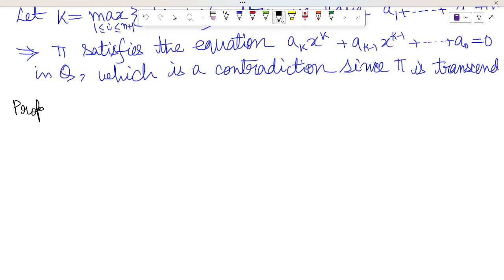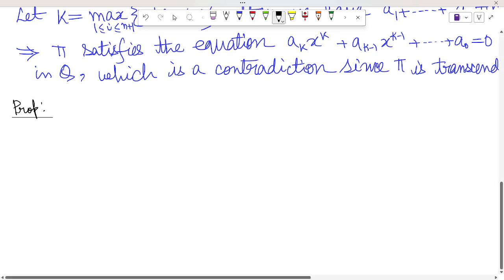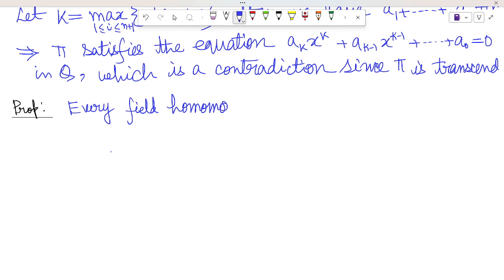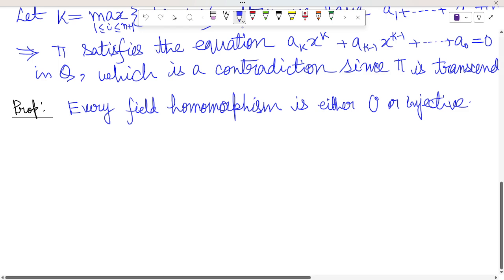You can do it by yourself. The homomorphism is either 0 or injective.